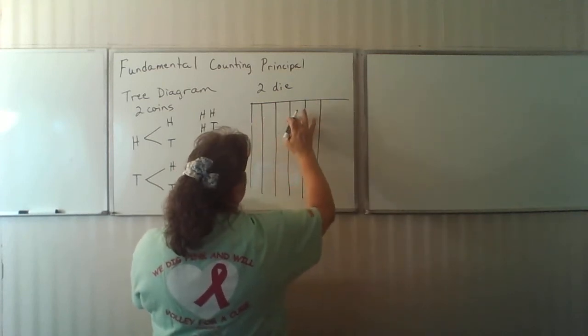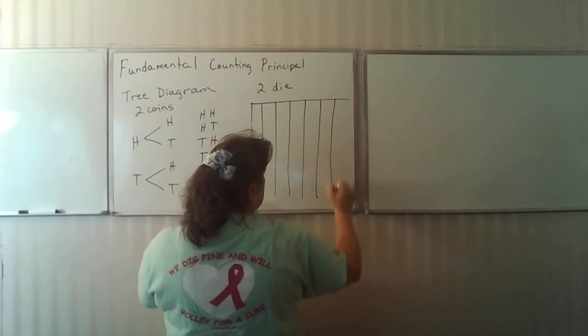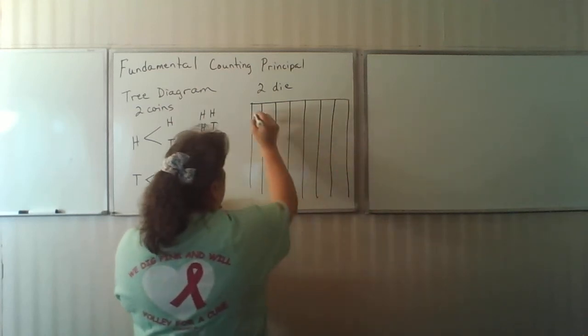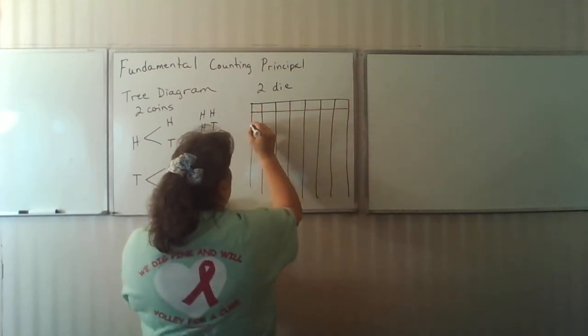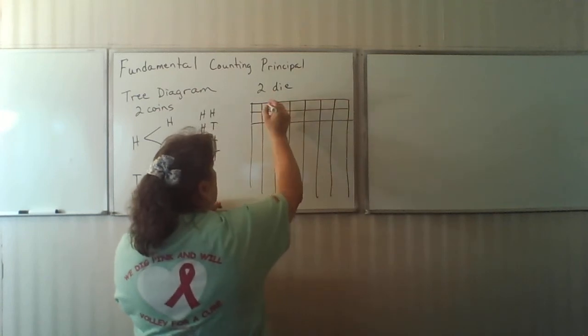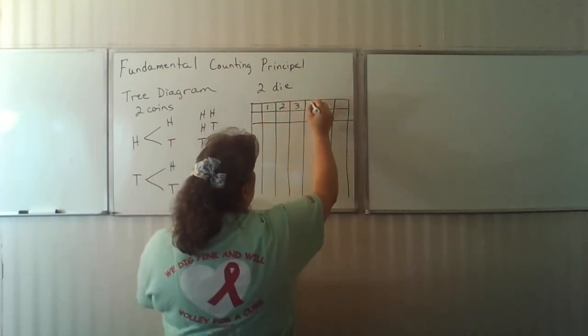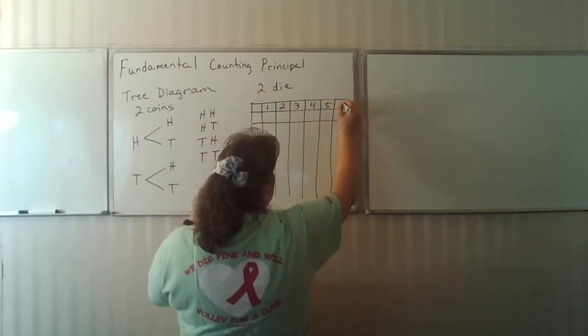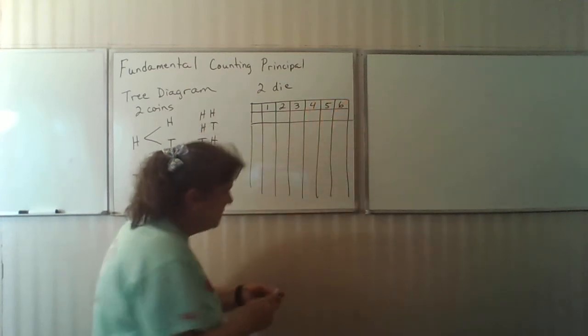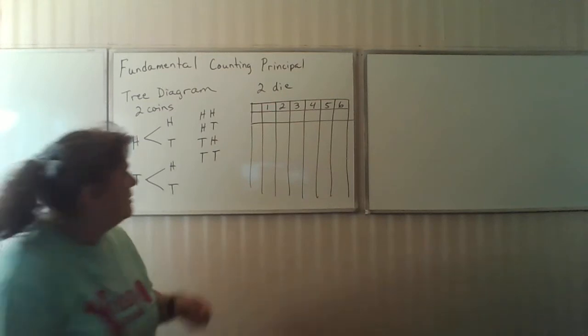1, 2, 3, 4, 5, 6, 7. And the top is going to be what happens with the die. Each one of these numbers can be rolled by my die, and the same thing is true on the other side.